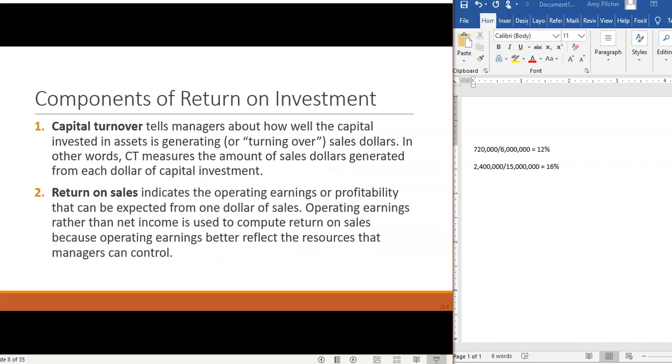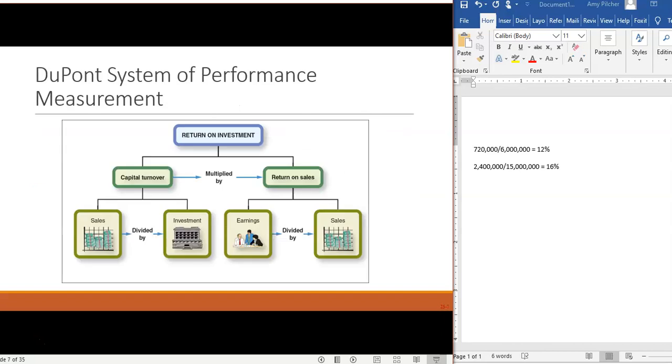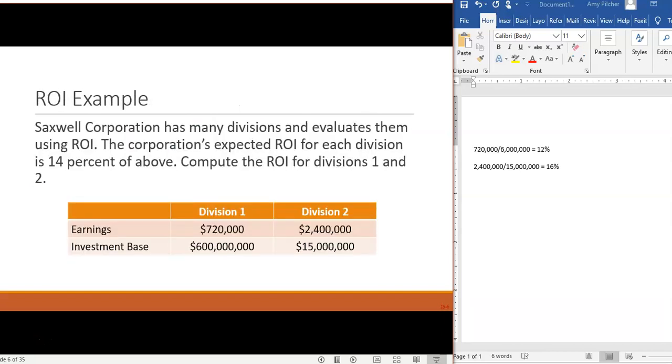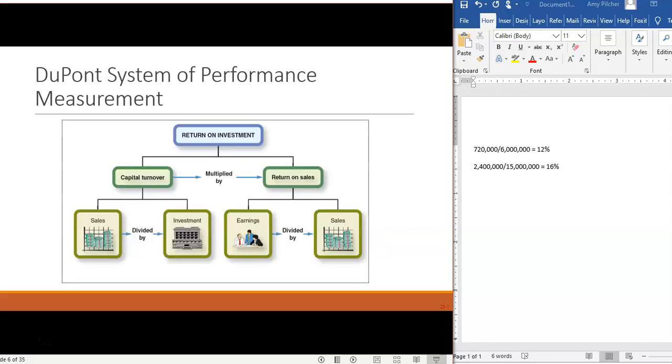So then if we look at those two divisions, if we had information about what their sales were in relation to their earnings and investment base, we could look at the capital turnover and return on sales to further analyze why they might not be meeting their 14% performance requirement.